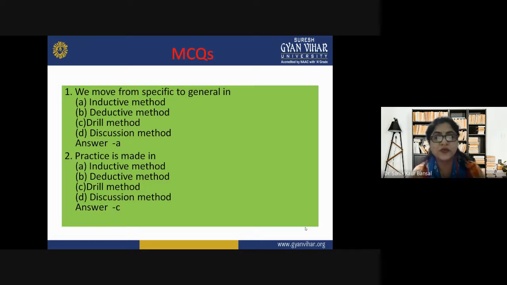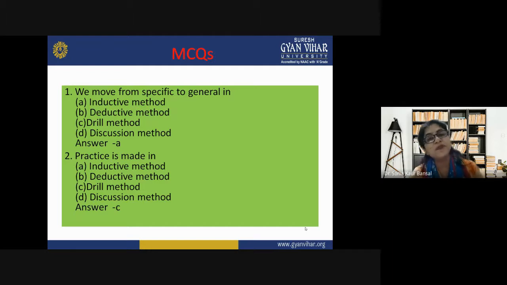For example, students, if you have taught a pronoun to your students, you have taught its definition. You have taught how it is used, but you have given them one example only and you have taught them it is used in this way. But practice will make them more perfect.